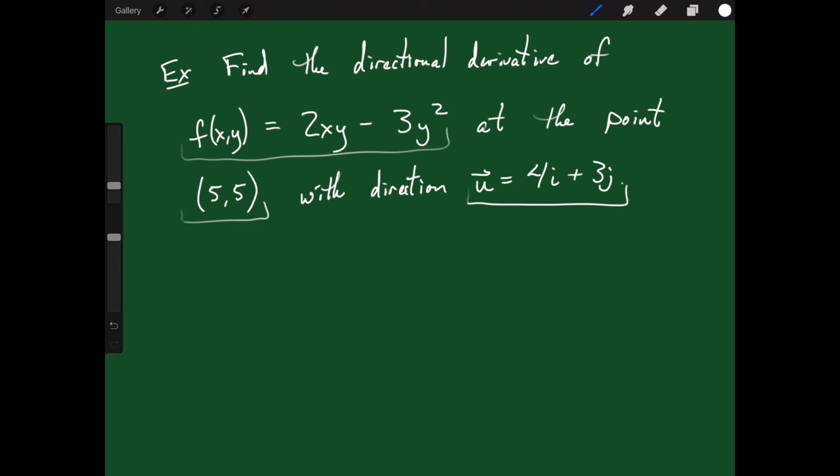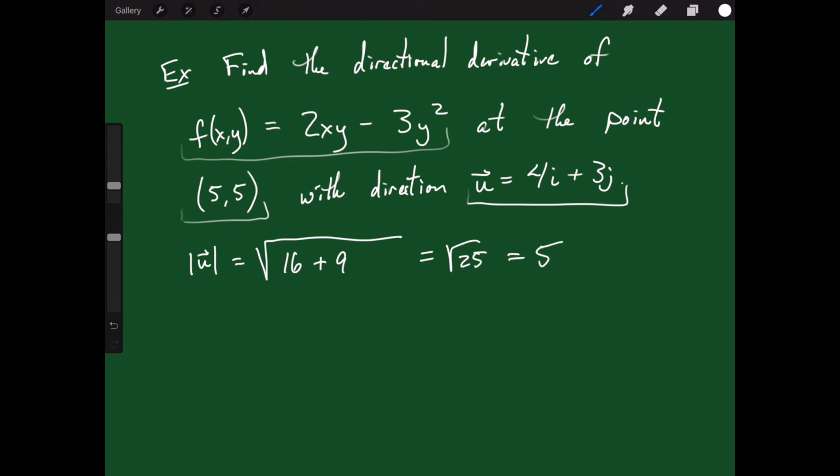So I need to figure out, well, what is the length of that vector u? Well, the length would be the square root of 4 squared, which is 16, plus 3 squared, which is 9, which is the square root of 25, which is 5.